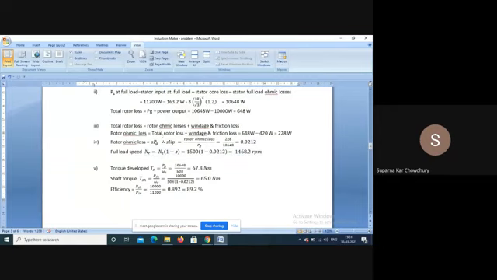So rotor ohmic losses will be total rotor loss minus windage and bearing friction loss. This value is given in the problem. So the total rotor loss is this 468 from here minus the windage and bearing friction loss 420 watt. So your rotor ohmic loss is 220 watt.